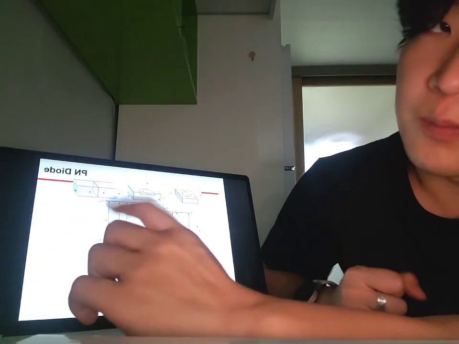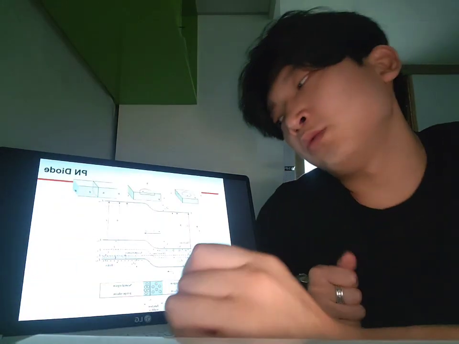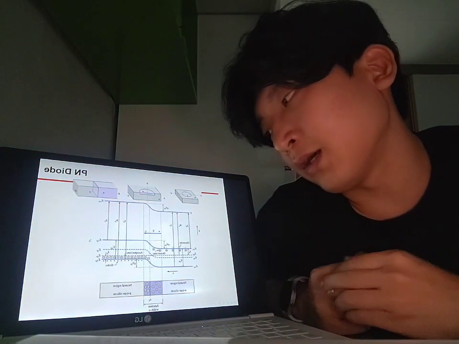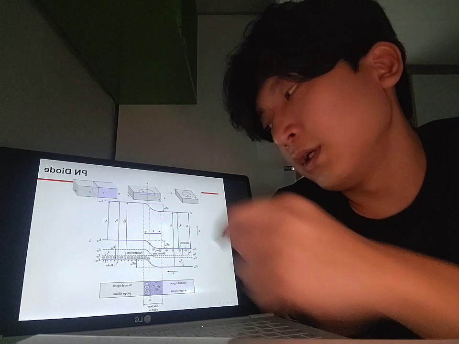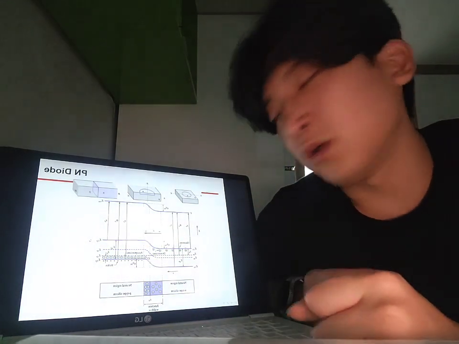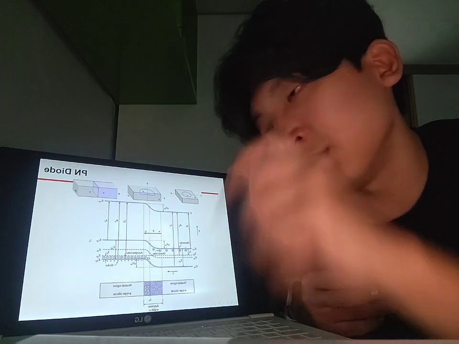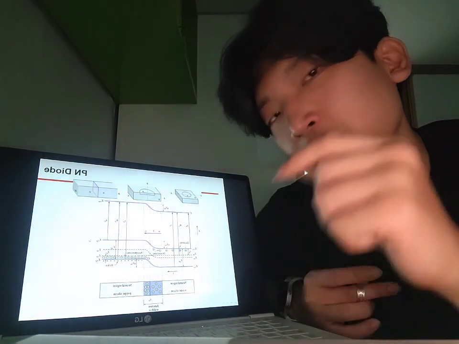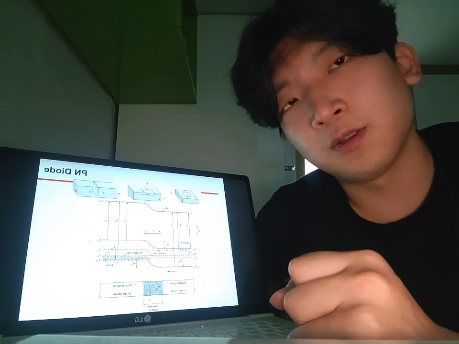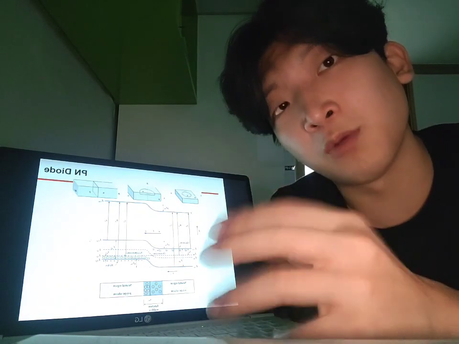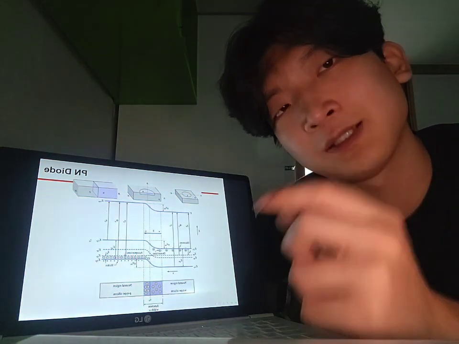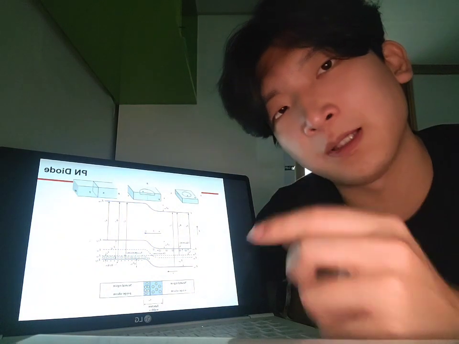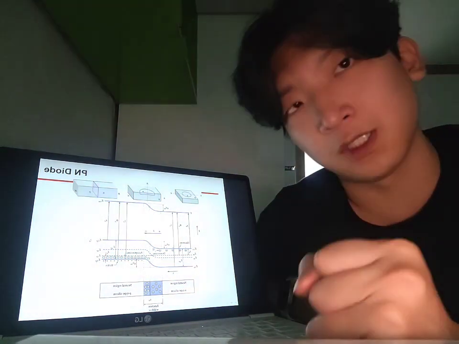Then we've learned about the p-n diode, which is a connection of p-type silicon and n-type silicon. You can see in the band diagram, at the junction part, the Fermi level gets lower in the p-type silicon, which means there are many holes there, and in the n-type silicon, the Fermi level gets higher toward the conduction band, which means there are free electrons in it.